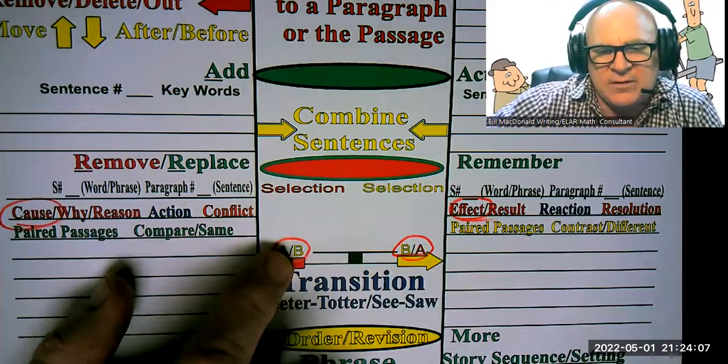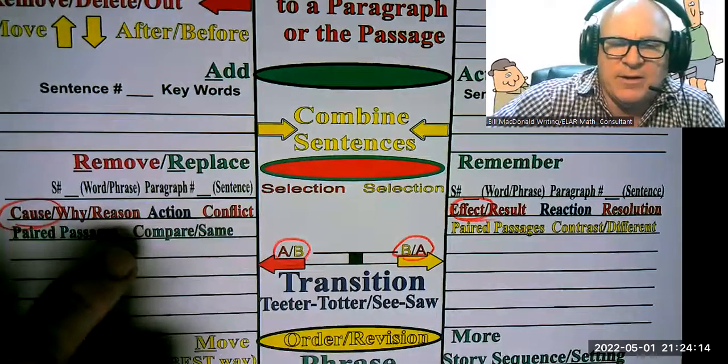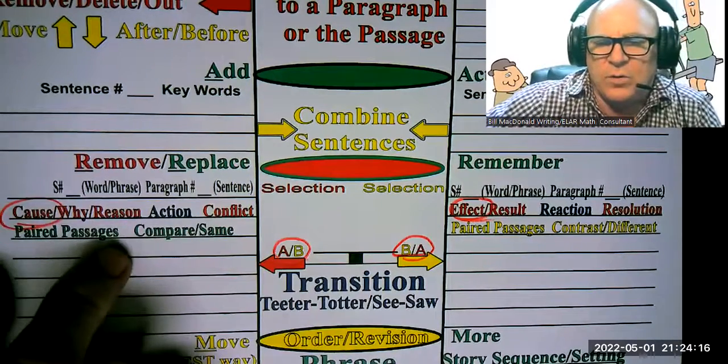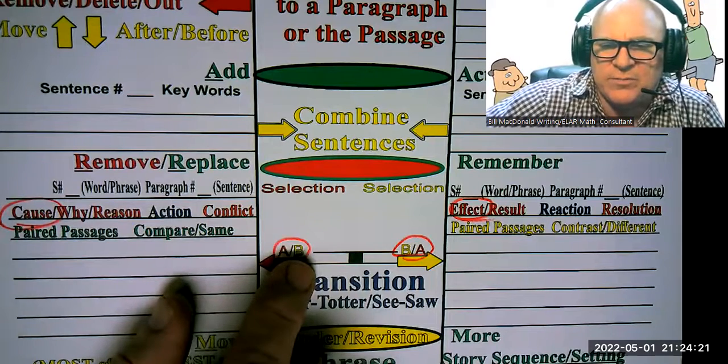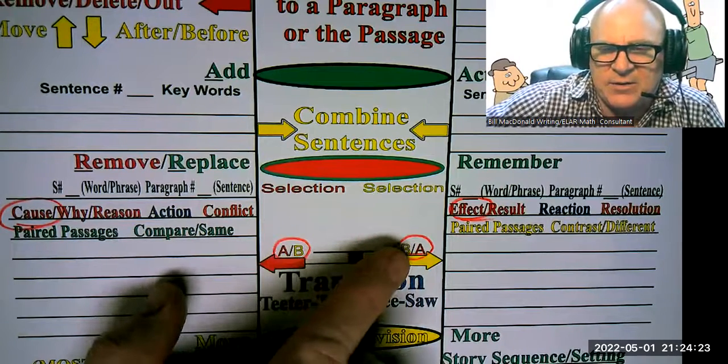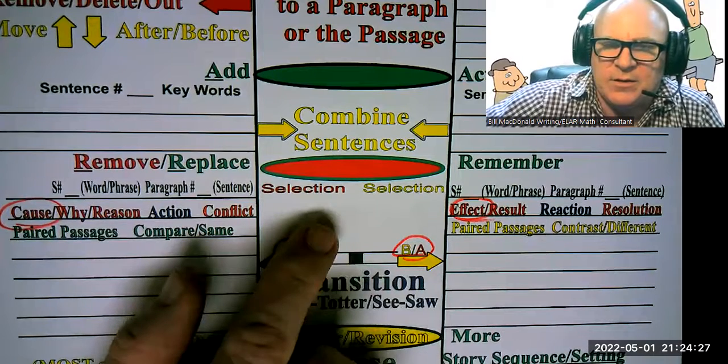So the effect in this case would be the red light, which we would write over there, and we would have to back it up to find the cause, or the lines being asked about is the effect, and we would have to back it up to find the cause.